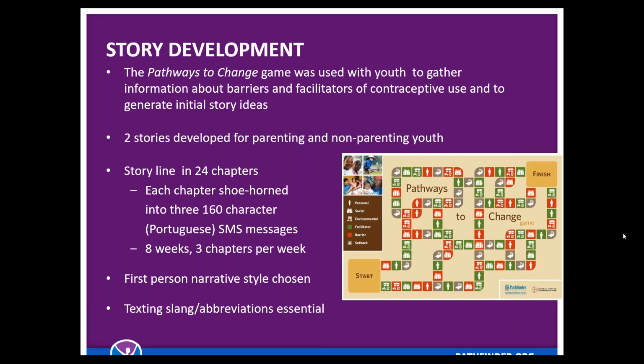At the beginning, 2 stories were developed for parenting and non-parenting youth. We had the storyline in 24 chapters, all in Portuguese, of course. And we also used testing slang, so youth could identify with and understand the language and stories in the messages.